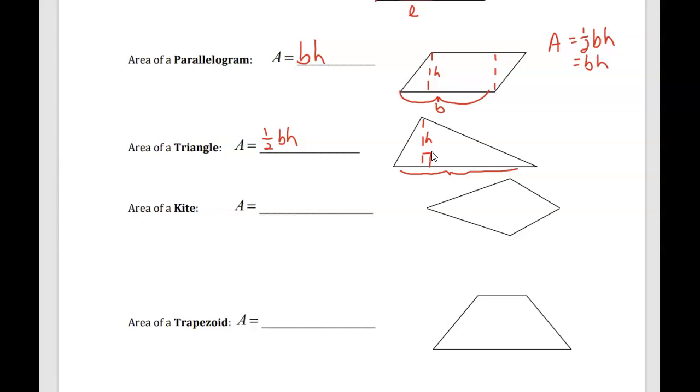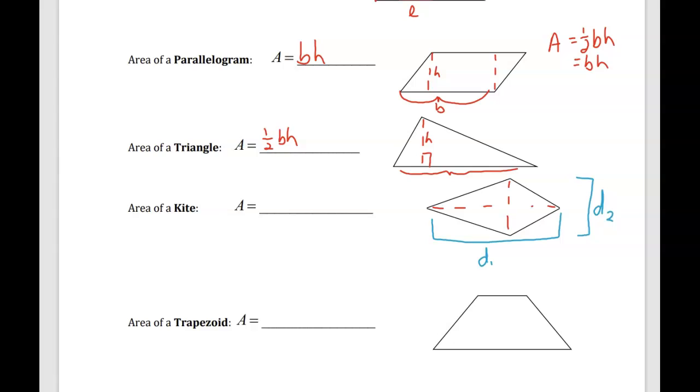Now a kite isn't necessarily a square or a rectangle or a parallelogram. So we have to draw these diagonals. And one of the diagonals, the one that goes from here to here, is going to be called D1. Basically the distance from tip to tip. This one is going to be called D2.